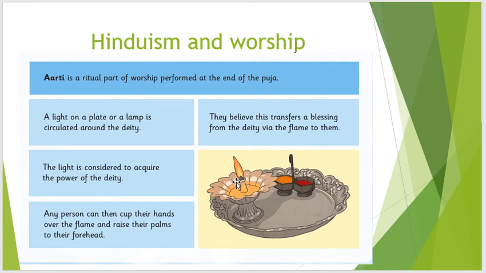And then any person can cup their hands over the flame and raise their palms to their forehead. And Hindus believe this transfers the blessing from the deity to them via the flame. And this is performed at the end of each puja.